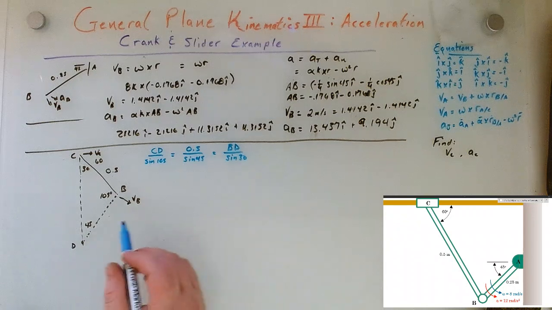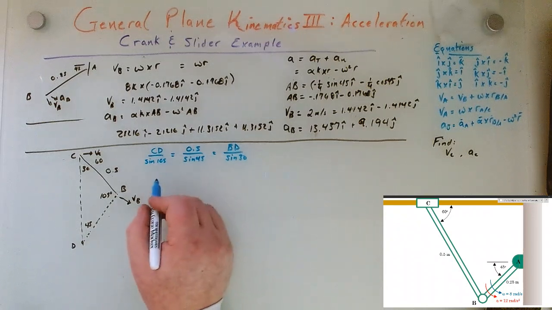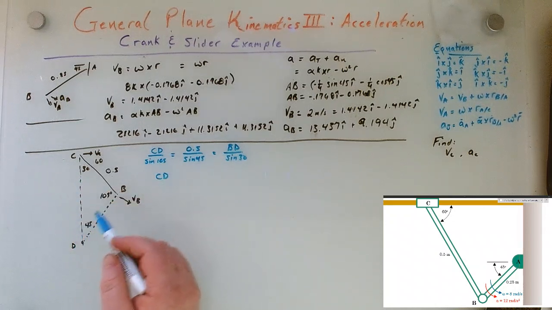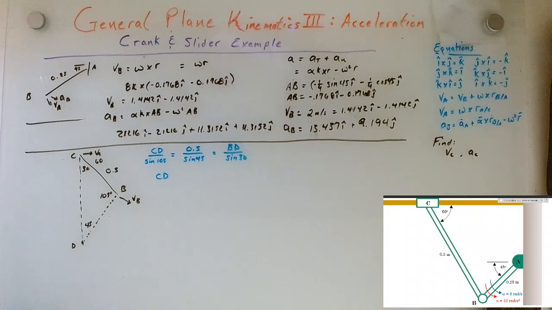All right, so we can crank these out. CD goes from C to D, so it should be in the negative J direction. What is that going to be? That is 0.5 times the sine of 105 divided by the sine of 45.